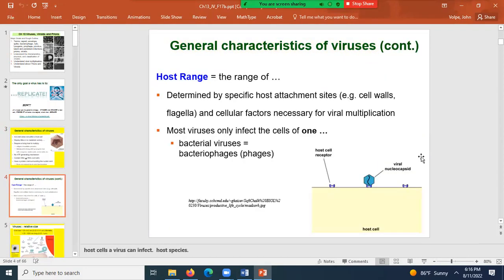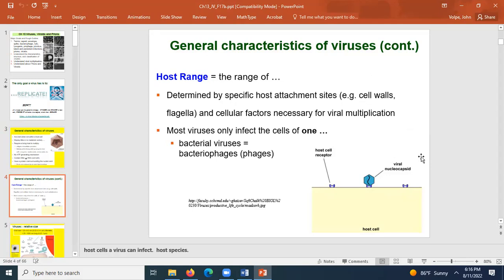The host range of a virus is the cells that the virus can infect, and these are called the host cells of the virus. The host range is determined by specific host attachment sites, certain molecules on the host cell that we call receptors.